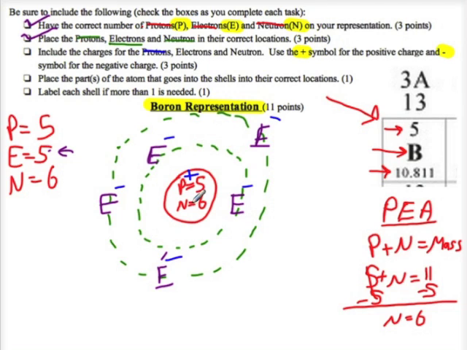Now you might say, well, how are we supposed to know the neutrons are neutral? Well, if you label the protons as positive and the electrons are negative, what's left? The neutrons. Some of you didn't label one or the other, so then I took 2 points off because I didn't know. Maybe you thought the electrons were neutral, and I couldn't tell for sure. So you have to be certain.